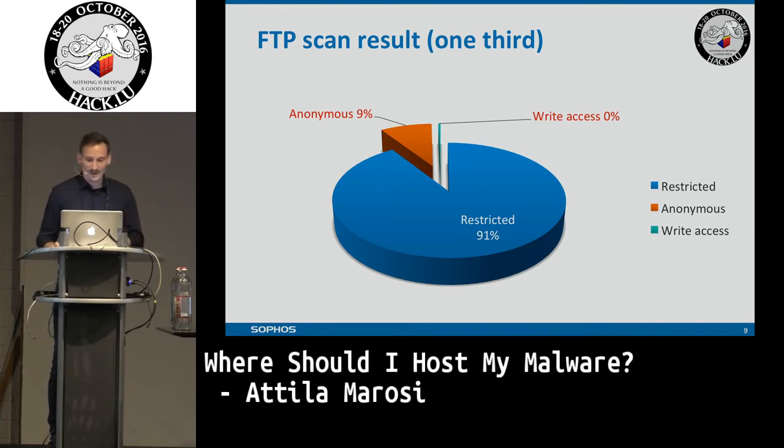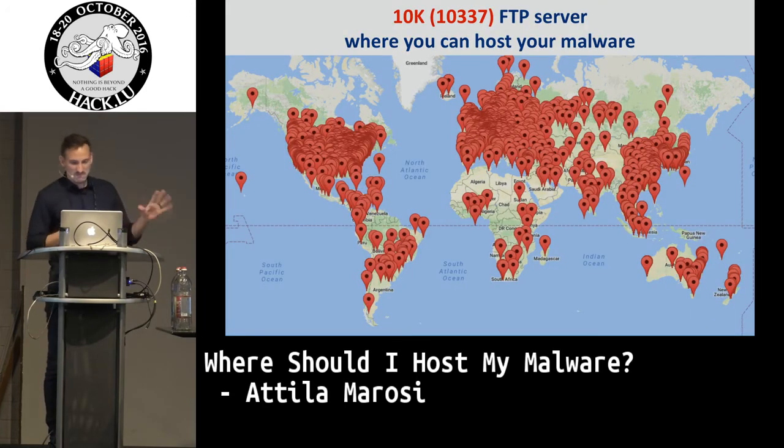How this 0 looks like on a map, that's not bad. So the zero was 10K. In this dataset, there were 10K IP addresses and devices where you have write access. So you have the ability to copy anything there, or overwrite things which are already there and change their content, or just put something there and host it.